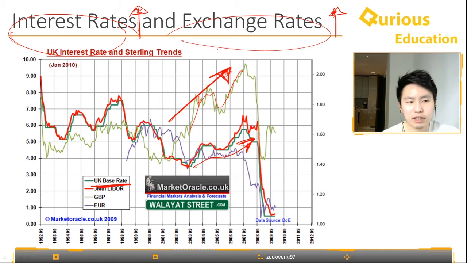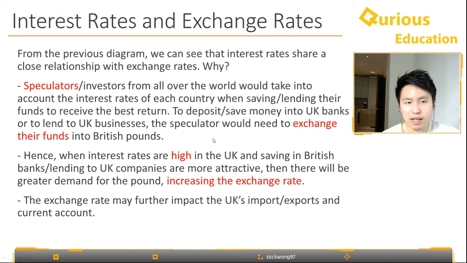That's because when interest rates increase, you would earn more money by saving British pounds in UK banks. As a result, there would be more investors or speculators trying to save UK pounds in British banks. So they would buy more pounds, thus increasing the value of the British pound and the value of the currency.